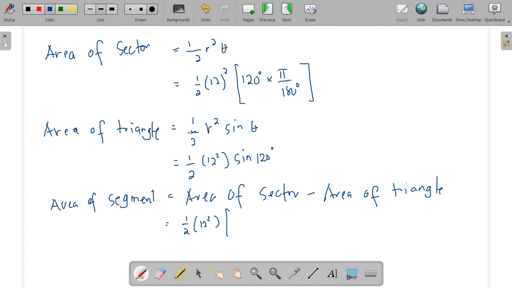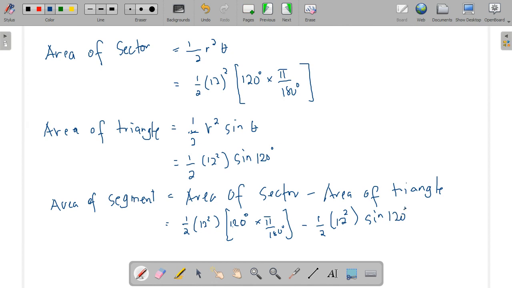Tapos 120 times pi. Okay, let me write it down. Gawin nating maayos. 120, then you have pi over 180 degrees, and then minus 1/2 times 12 squared times sine of 120 degrees.